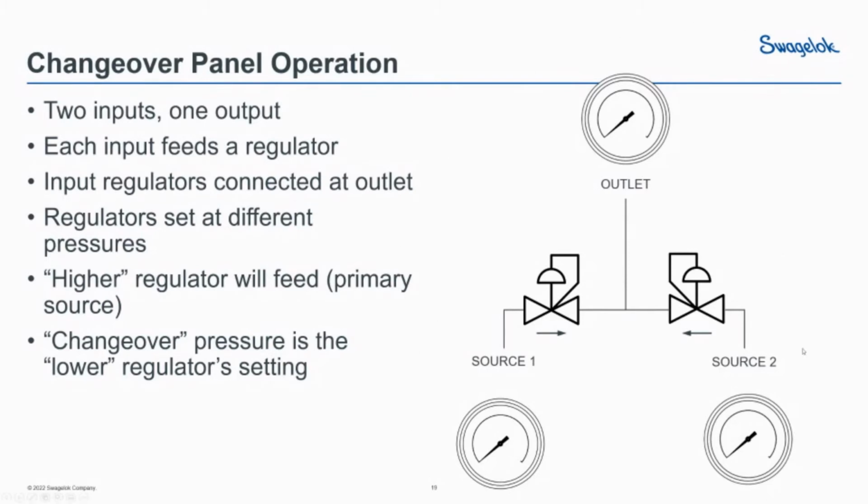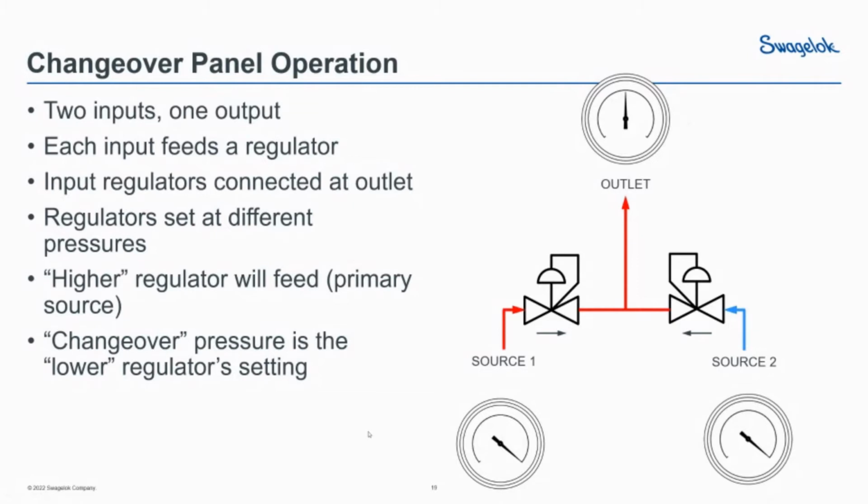So on the right, we see a little diagram of a very simple changeover panel. We see our two regulators, our two sources, and the single outlet. Let's apply some pressure to this panel and watch how it behaves. So here, all three gauges are in the same basic range.